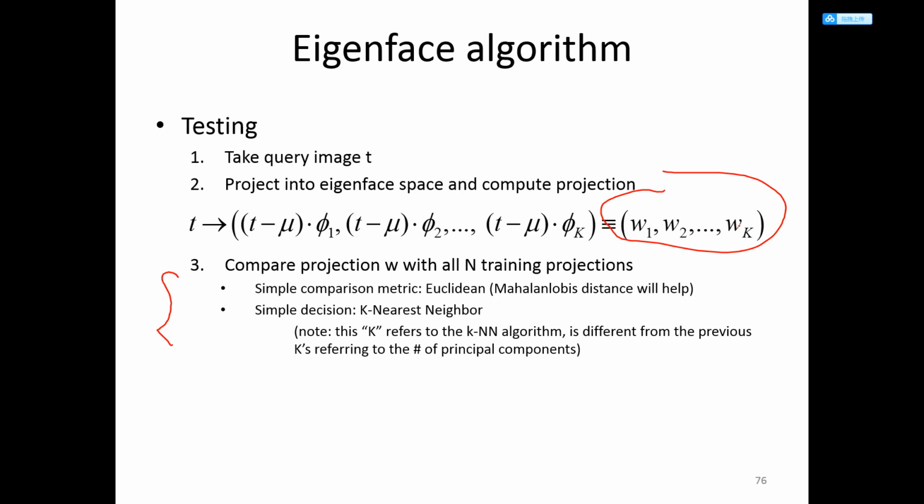I just compute the distance there, the Euclidean distance. There's also the so-called Mahalanobis distance, which is essentially the Euclidean distance scaled by the variance. If one of the features has larger variance, you count it as smaller. Basically you weight your distance by the variance of that particular component.